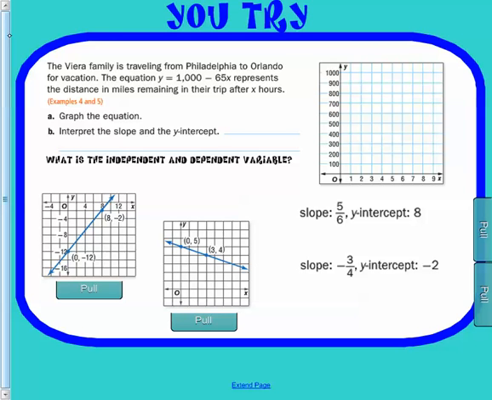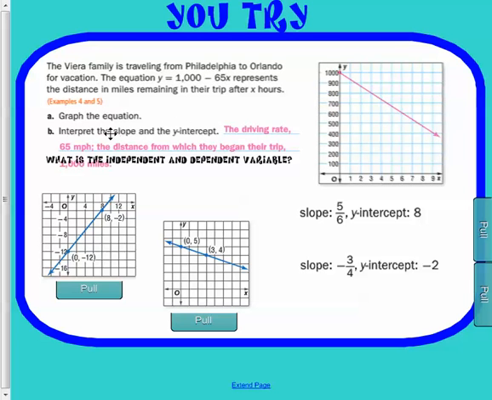Okay, the Vera family is traveling from Philadelphia to Orlando for vacation. The equation y equals 1,000 minus 65x represents the distance in miles remaining in their trip. Graph the equation first and interpret the slope and the y-intercept. So if I graph the equation and I put this in y equals mx plus b form, I know that I'm starting at 1,000 because 1,000 is my b, or my y-intercept.